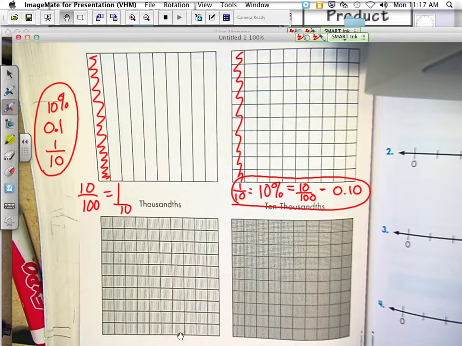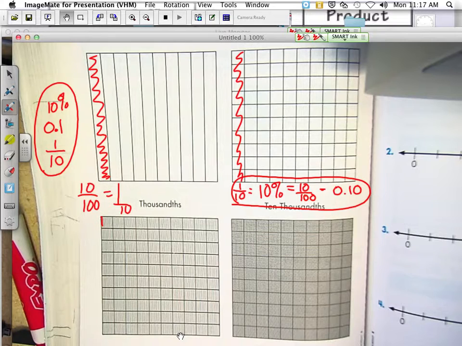Let's move on to the next one, the thousandths. When I said to shade 1/10 of the thousandths garden, what did you do? Amanda? So you just shaded in one little thing here? If I say 1/10 of the garden, what I'm saying is I'm breaking it up into 10 equal parts, right?